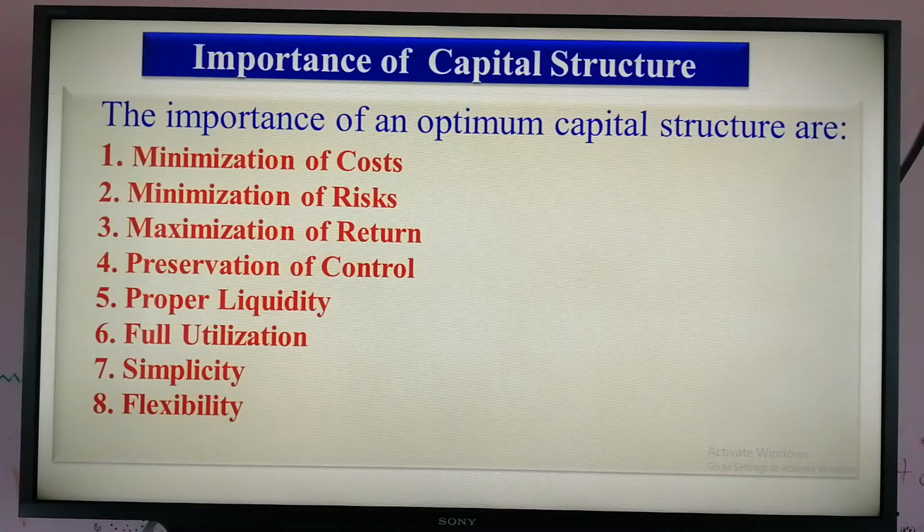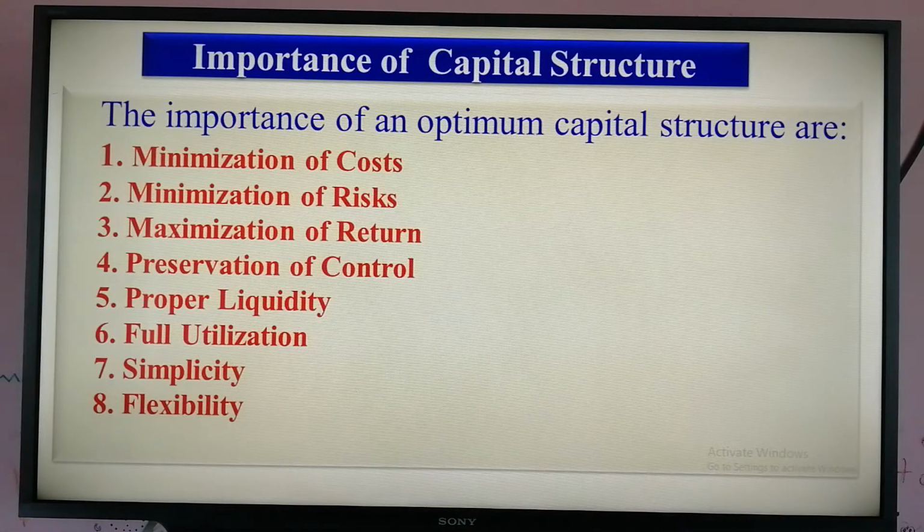Proper liquidity. You know, in a company during a year you need liquid money to operate the current activities. You need to know how much money you should keep as liquid money for a year. If you keep more than you need, then you will be a loser, because the remaining portion of money cannot make profit.